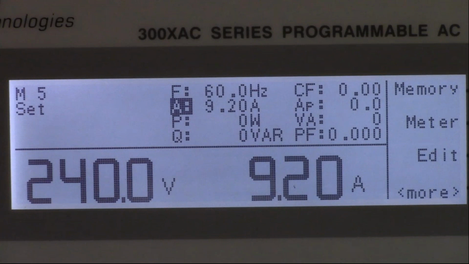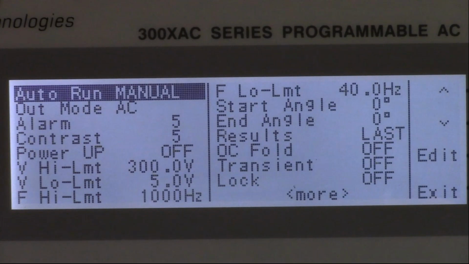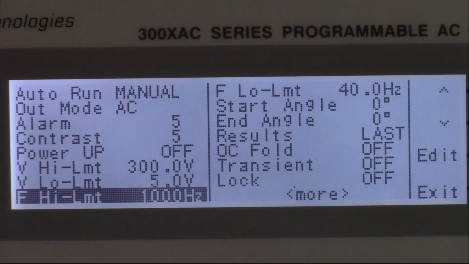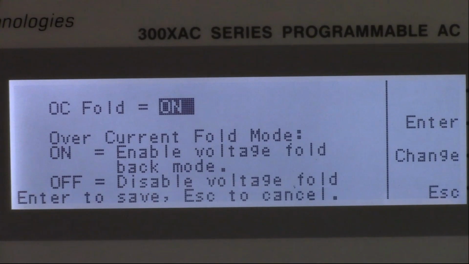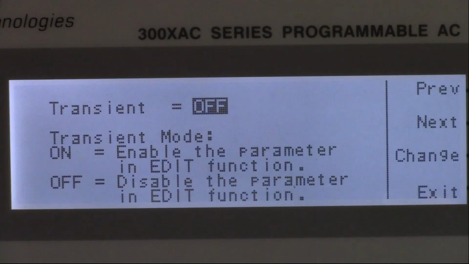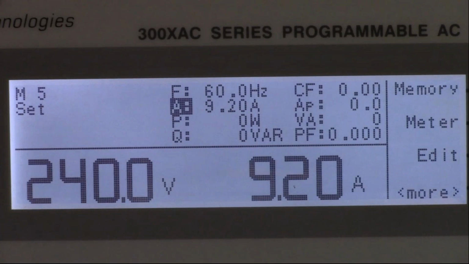So quickly here, we're going to make sure that our OC fallback is turned on. That's the only thing we turn on: a feature called OC fallback, over current fallback mode. In doing so, this allows us to run this vacuum motor successfully past the inrush stage.